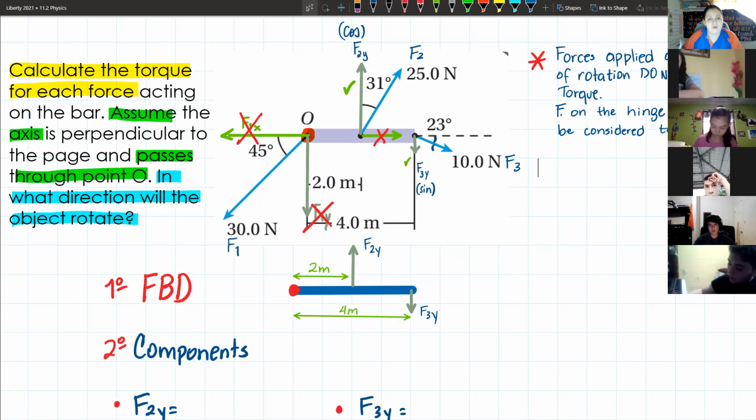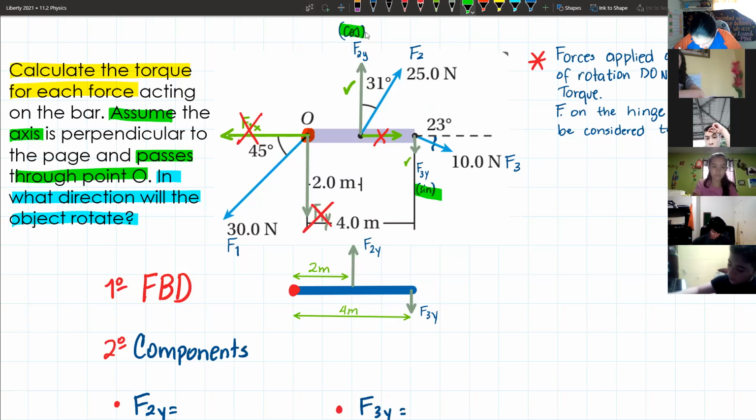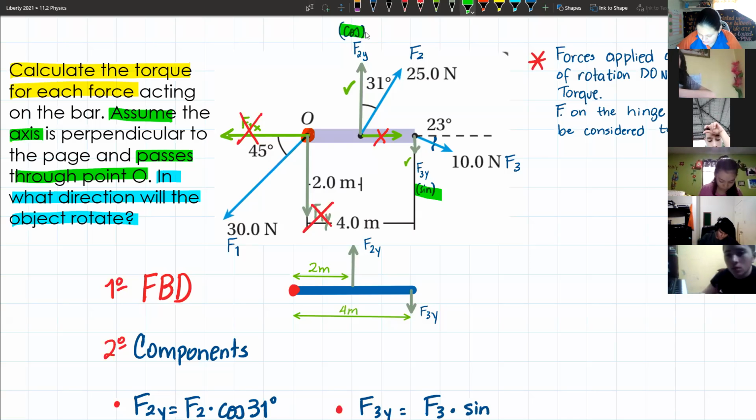You already know what trigonometric function to use since you already put it here. In 1, you're going to be using sine in the 3, and in the number 2, you're going to be using cosine. So this F2Y is just the force 2 times cosine of the angle, which is 31. And F3Y, it's going to be the force 3 times the sine of the angle, that is 23.